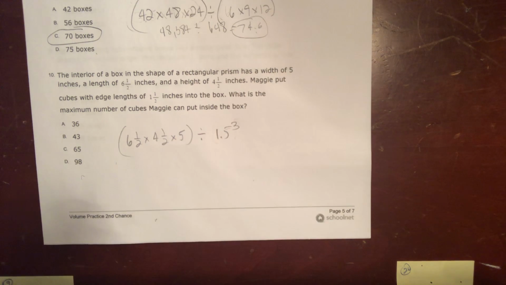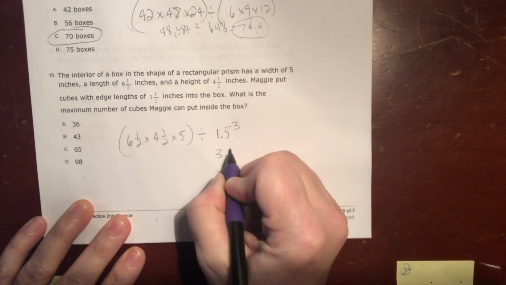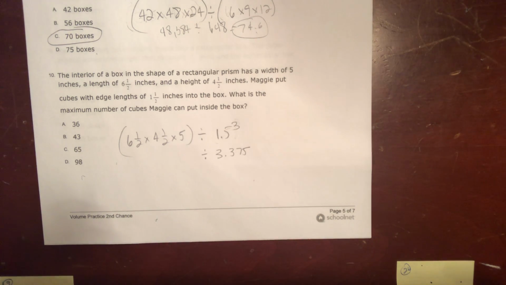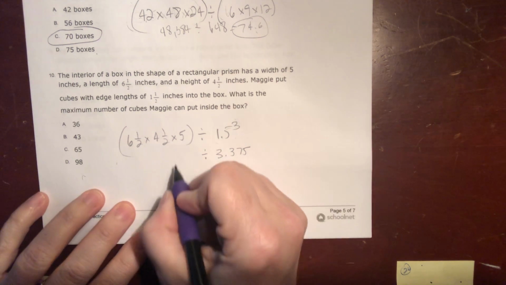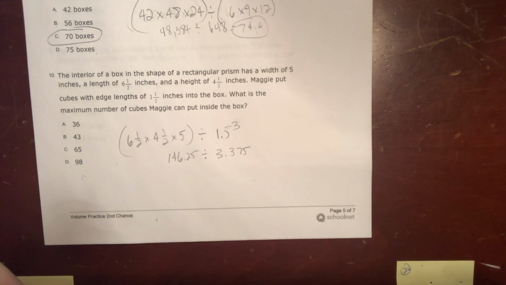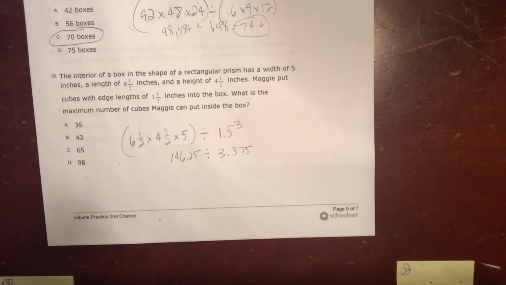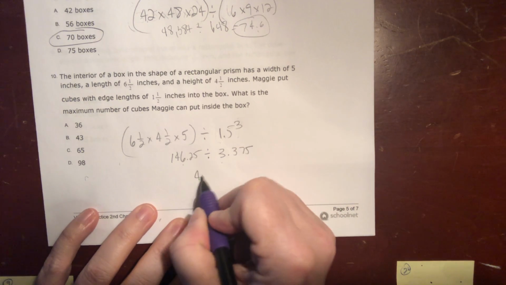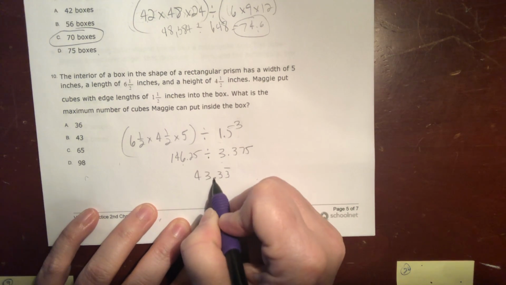All right, so first of all, 1.5 cubed. 1.5 times 1.5 times 1.5 is 3.375. 6.5 times 4.5 times 5 is 146.25. And I'm going to divide this number by that number. Okay. I got 43.33 repeating.